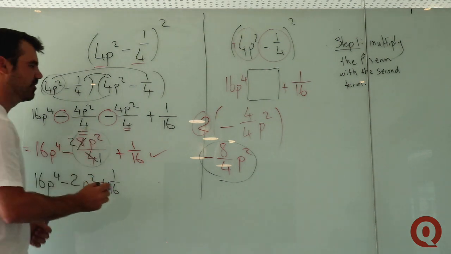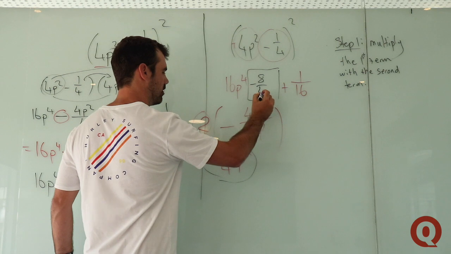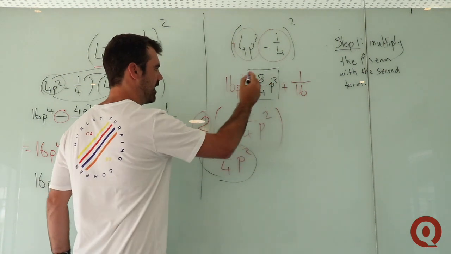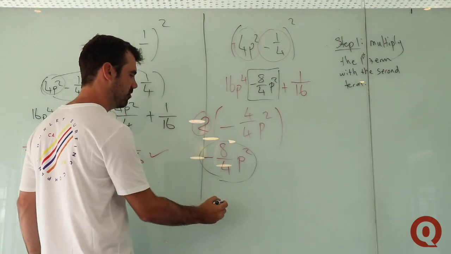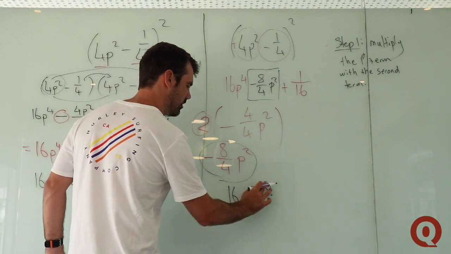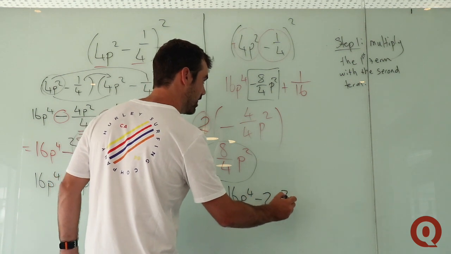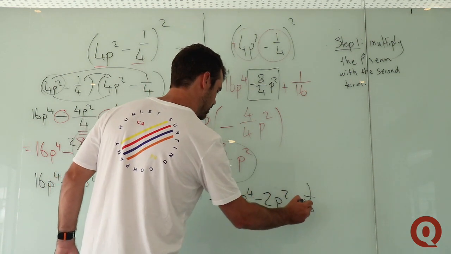And the same can be said for over here. Now that I've found my middle term, I slot it in and then I simplify. So my final answer again will be 16p to the power of 4 minus 2p squared plus 1 over 16.